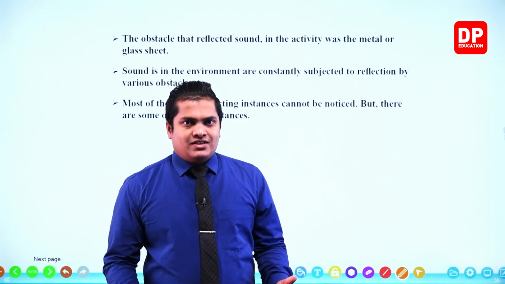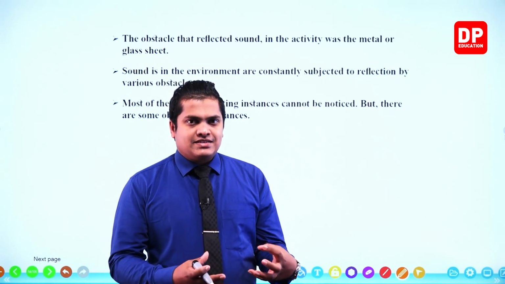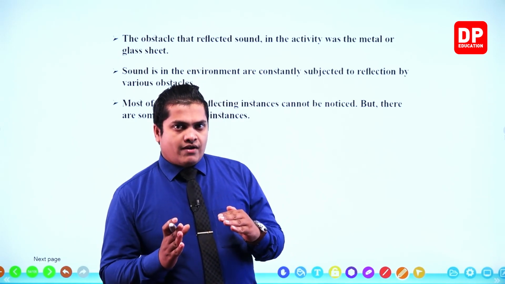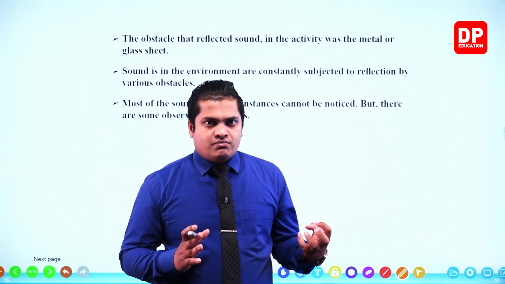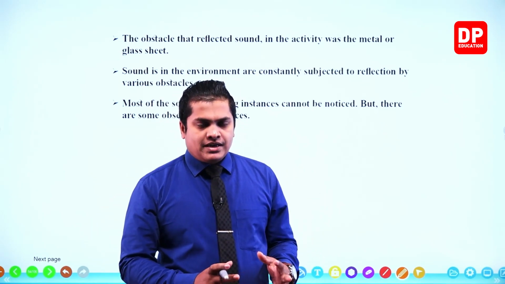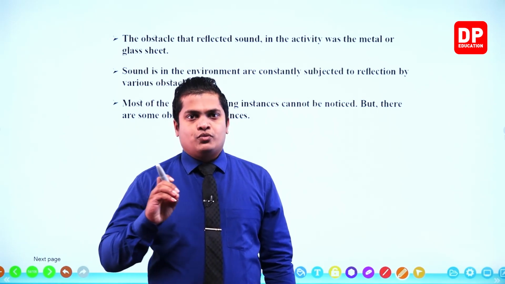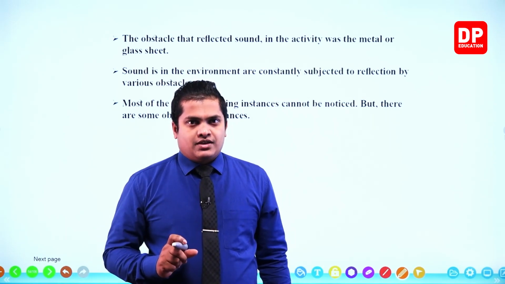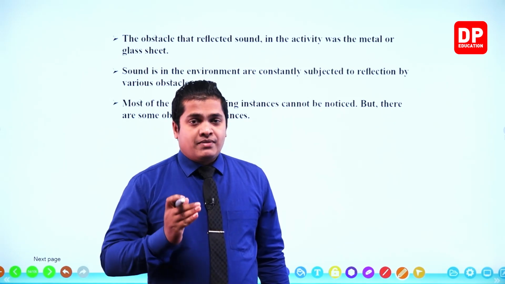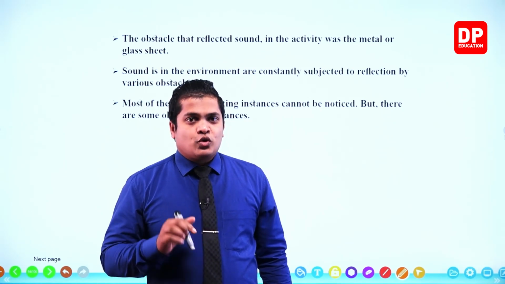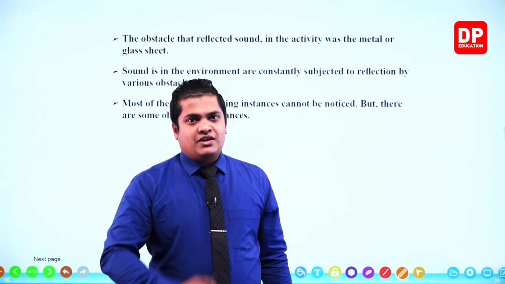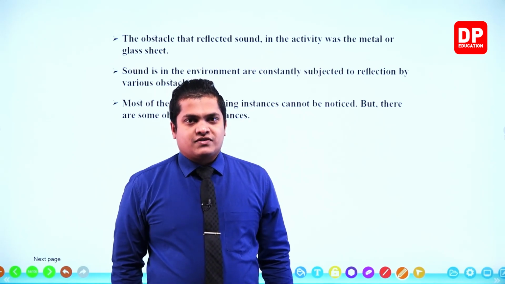Echo means that when you create a certain sound, it travels towards an obstacle, hits that obstacle, and then comes back to your ears. That is what we mean by an echo.